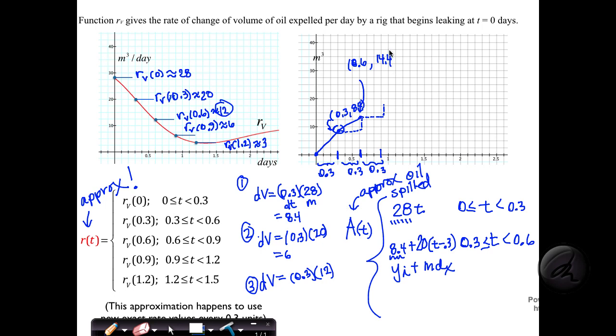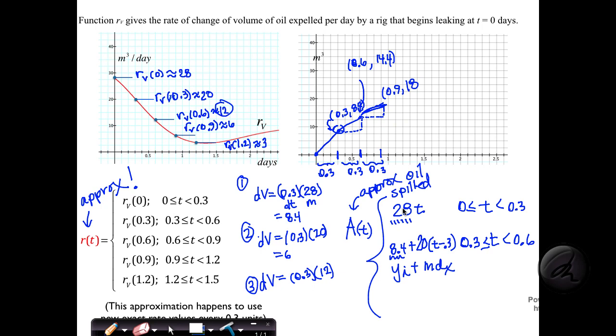So add an extra 3.6 onto 14.4, and we should get 18. Which I think I have in about the right spot. So this graph, we've only done the first 0.9 days. I'm going to write the function that goes with that third segment in a little bit.